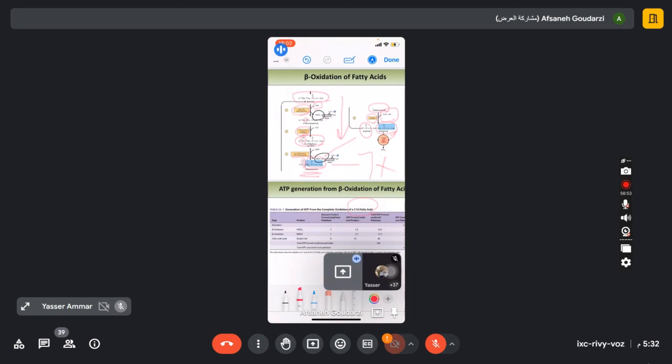Why didn't I say 8 cycles? Because at the end I will have 4 carbons and the thiolase produces 2 acetyl-CoA at the same time.